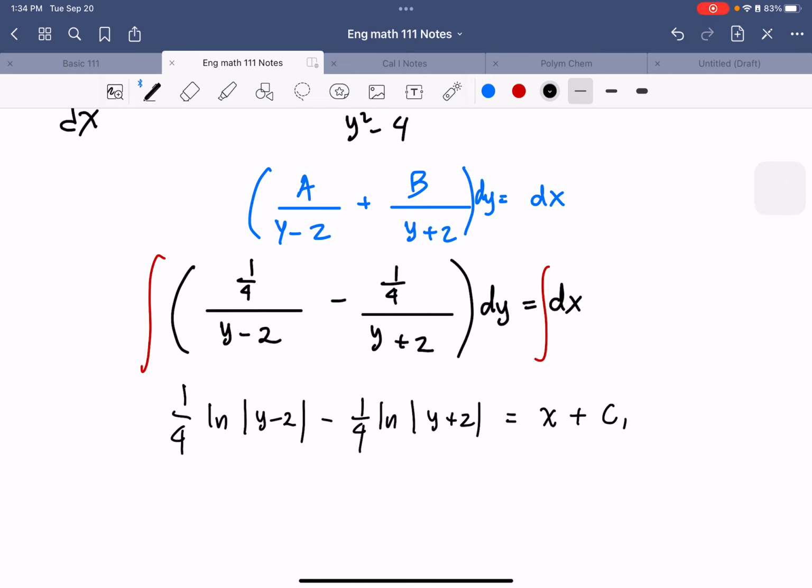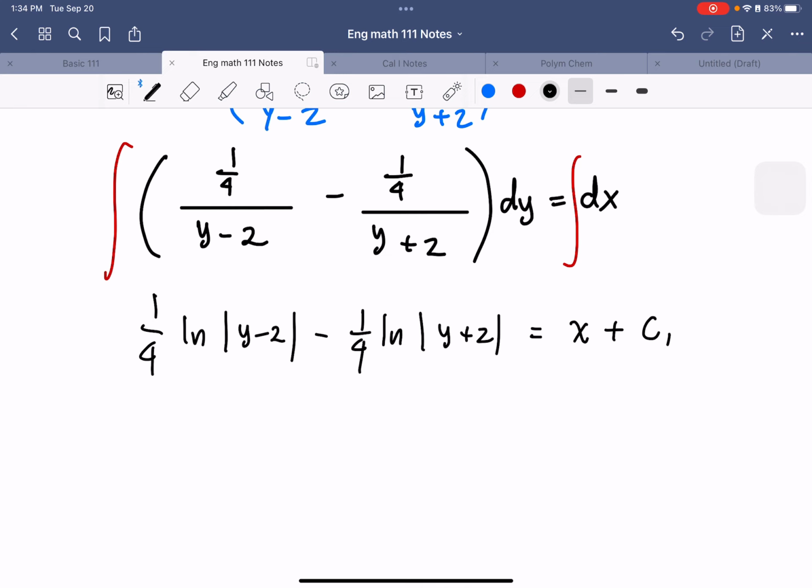Okay, let's say it's C1, okay? And then simplify, maybe multiply with 4, and then combine the logarithm, combine the ln. So ln of y minus 2 over y plus 2 will be equal to, because multiplied by 4, 4x.